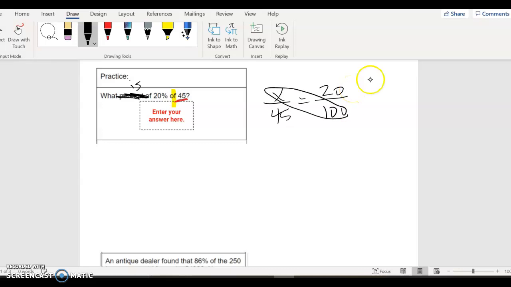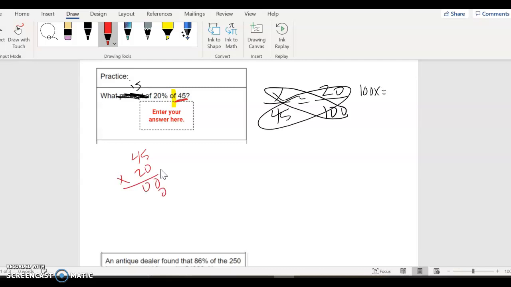Cross multiply. We have 100x. Multiply 45 times 20 is 900. So if we want to get x by itself, divide by 100.